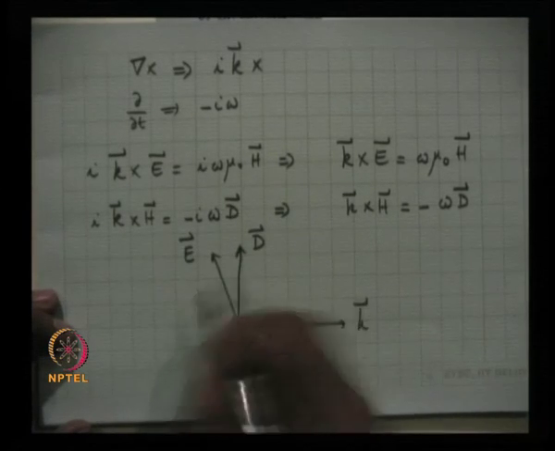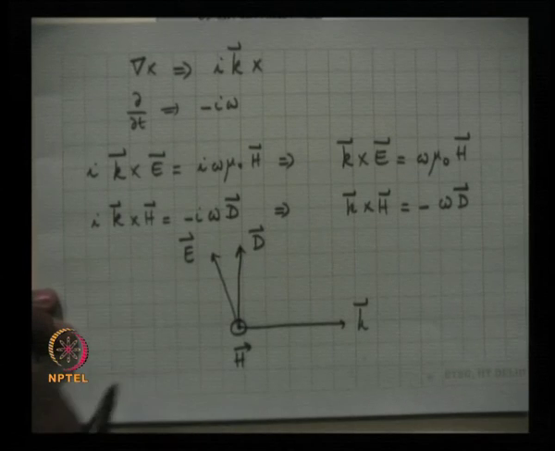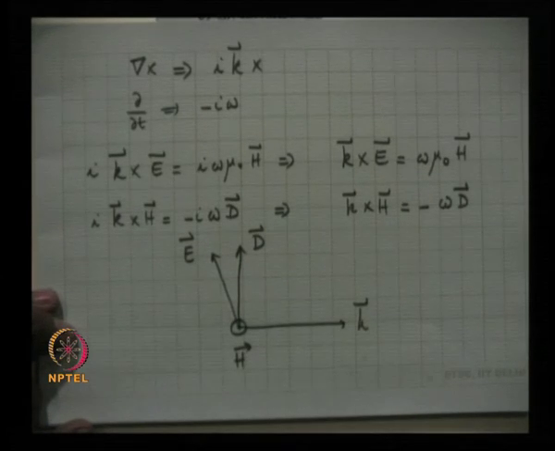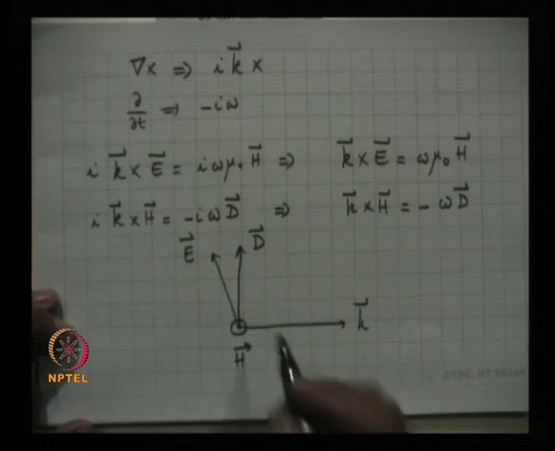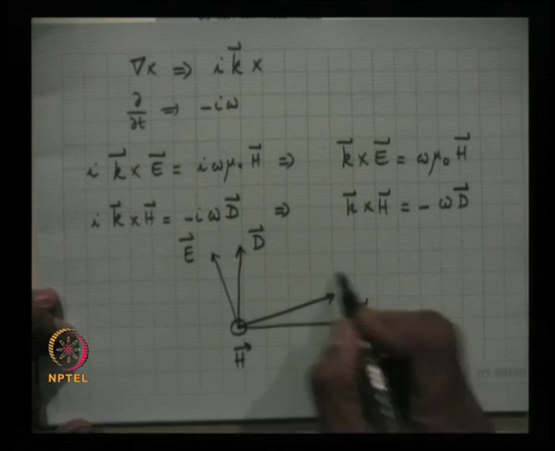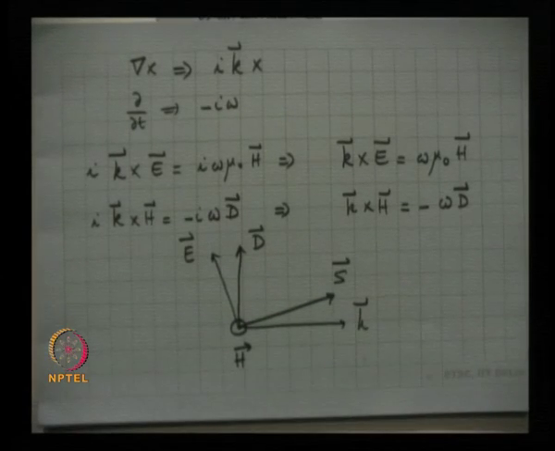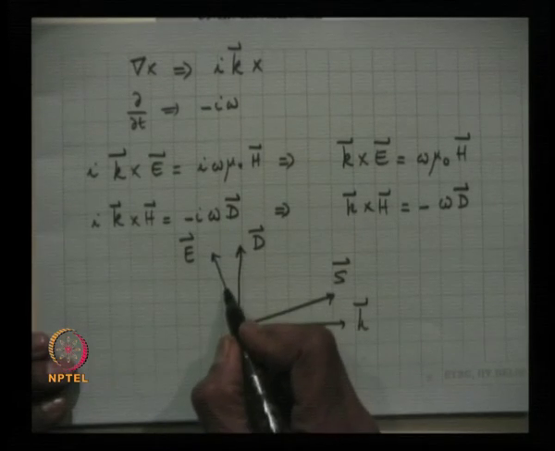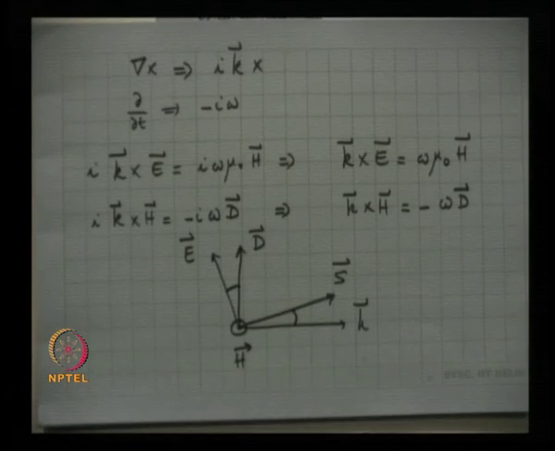I do not know whether it is on this side or that side, I just draw some general E vector, and the Poynting vector E cross H will be like this. This angle will be equal to this angle. So, in general, the Poynting vector and the propagation vector are not parallel, because D and E are not parallel.